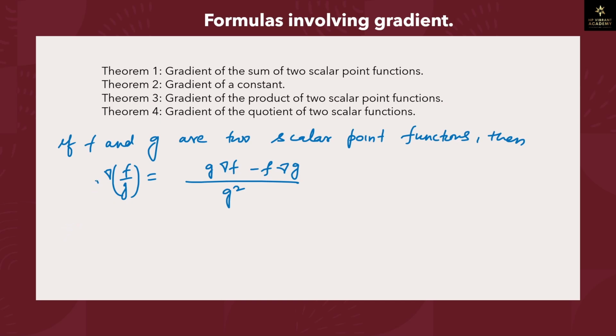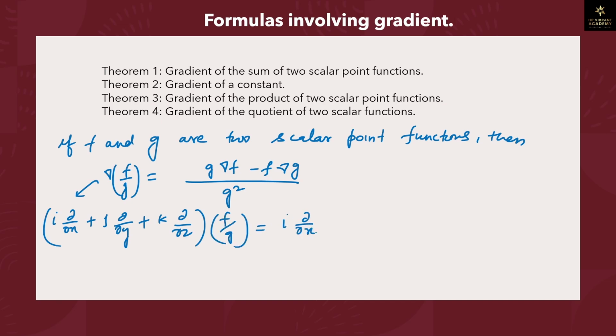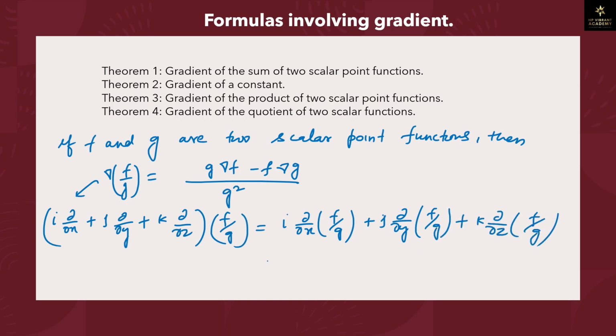So we have this, let us expand this. So i del upon del x plus j del upon del y plus k del upon del z of f upon g. This is equal to i times del upon del x of f upon g, plus j times del upon del y of f upon g, plus k times del upon del z of f upon g. So how will we do this? Let us expand this.